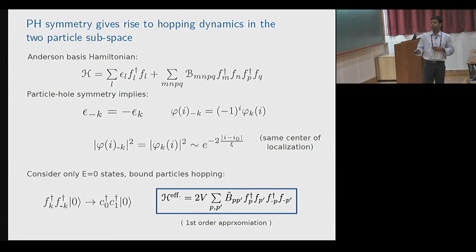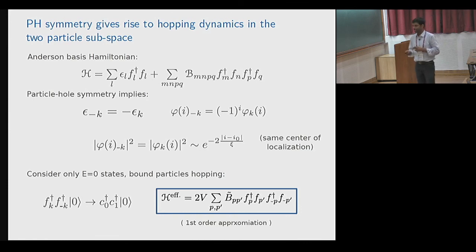If you do that and do simple perturbation theory, you can write this Hamiltonian in this two-particle subspace as the following Hamiltonian. The energy is 0, so there is no kinetic, no diagonal term. But then there is an effective interaction term which looks like f dagger f, f dagger f, but with two different p's, and these p's are essentially these numbers.